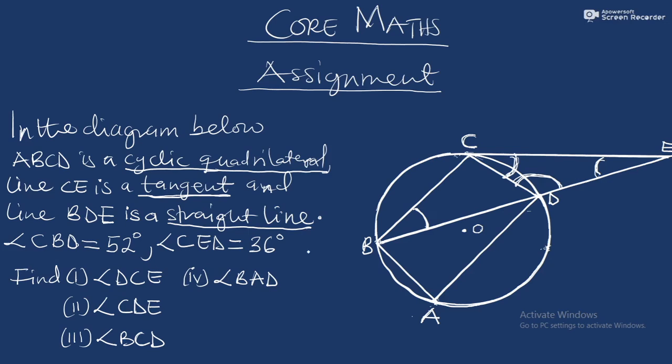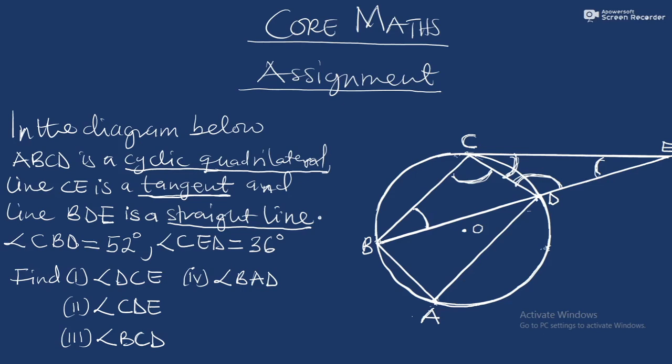Good. Now to our III. We're to find angle BCD. That is this angle. Angle BCD. Okay. Now, looking at the diagram, we have a triangle here, which is triangle BCD.